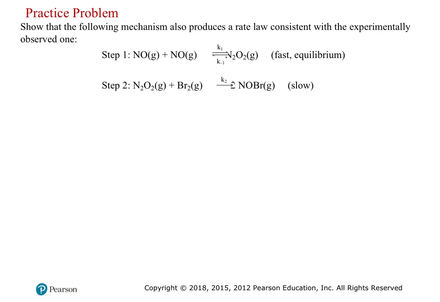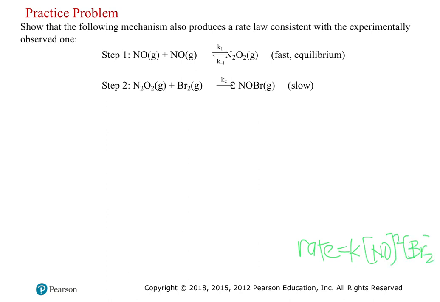In this case, we have another idea of how 2 nitrogen monoxides and bromine react to form nitrosyl bromide. So here's a second mechanism that is proposed. We know that experimentally the rate law, as was noted earlier, is K times nitrogen monoxide squared times bromine.